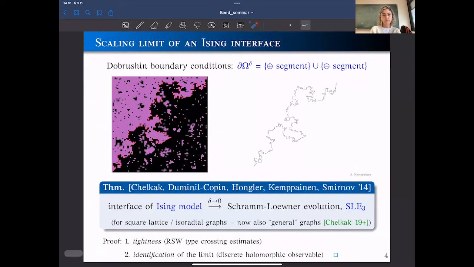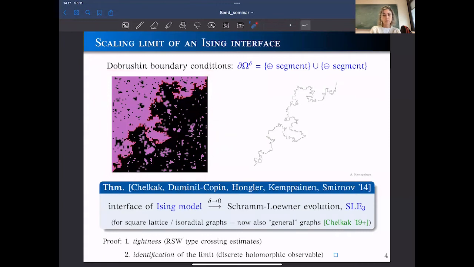Here's a famous theorem about the Ising model. Take these boundary conditions so that on the left and top I have one color, and on the right and bottom the other color, and inside I sample my model according to the probability distribution that I wrote down. This interface is a random interface.